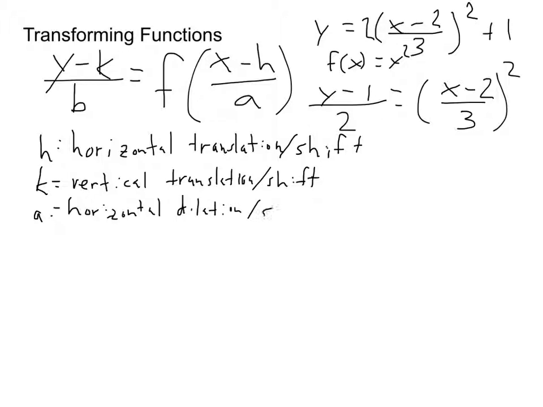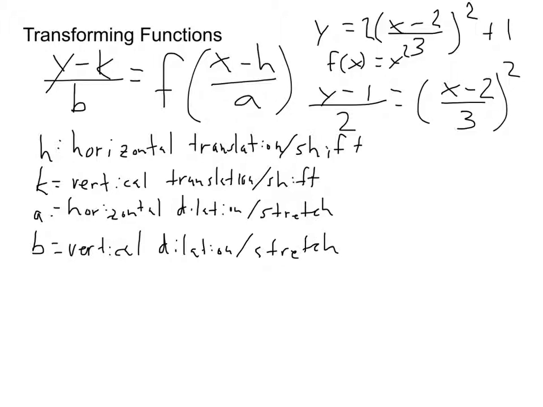I call it stretch, okay, or shrink. b, well, b is with the y value, so it has to be vertical. So b is the vertical dilation, which again we call the stretch or shrink.